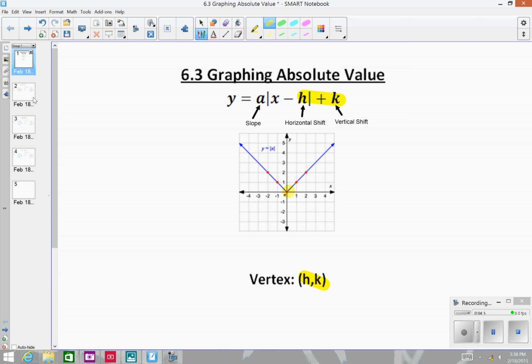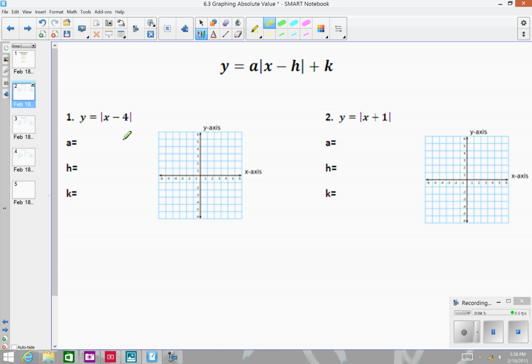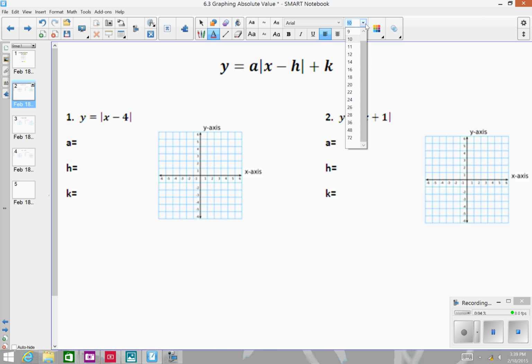So we're going to go ahead and actually graph these functions. We're working on transformations. Now we're going to actually graph them. So let's look at the next example. To graph these, I need to know what my A value is, what my H value is, and what my K value is. I think the easiest thing to do is to distinguish what our values are. Let's see what my A value is.